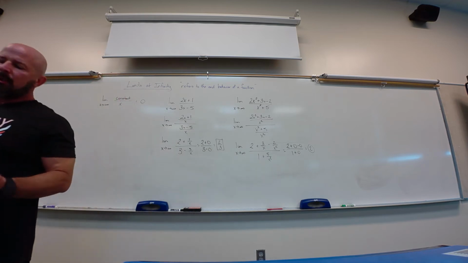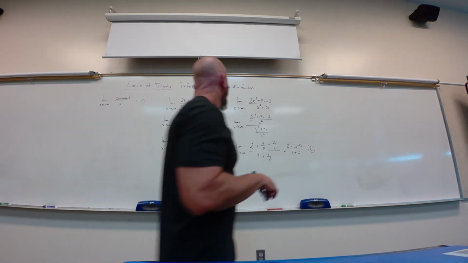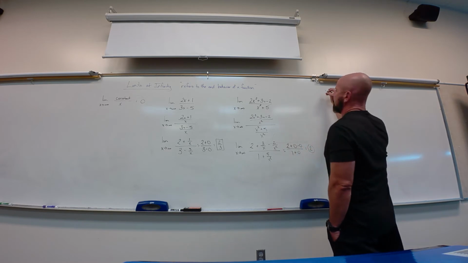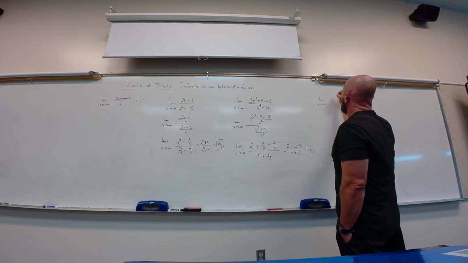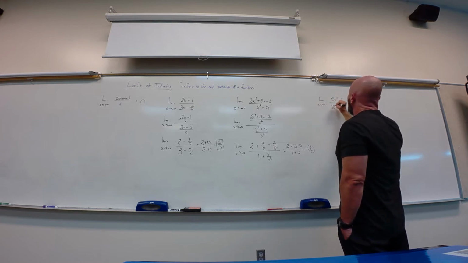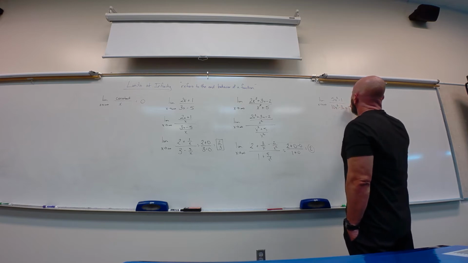All right. Let's take one other look here if we had a different power, top and bottom. Limit, x approaches infinity. And let's go 5x squared minus 1 over 10x cubed minus 3x plus 2.